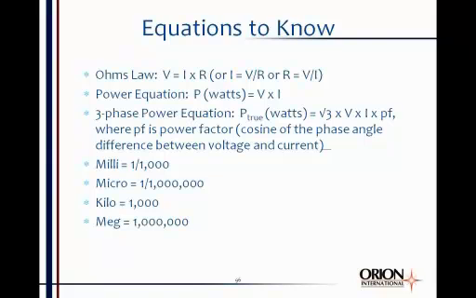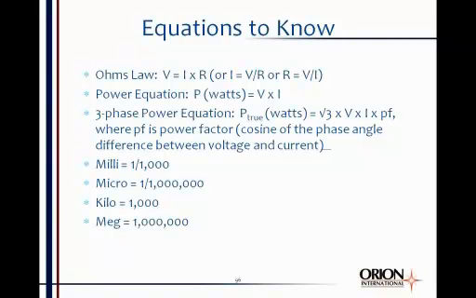If they're out of phase with each other, then it's something less than 1. Okay. So those are a few equations just to remind you of, and here are a few abbreviations that you need to keep in mind. Milli, as in milliamps or milliwatts or millihenries, is 1/1000th, 10 to the minus third. Micro is 10 to the minus sixth, or 1/1,000,000th.